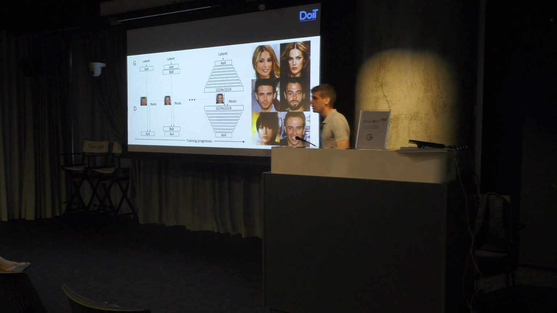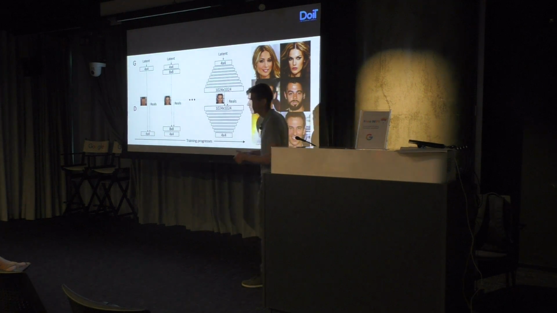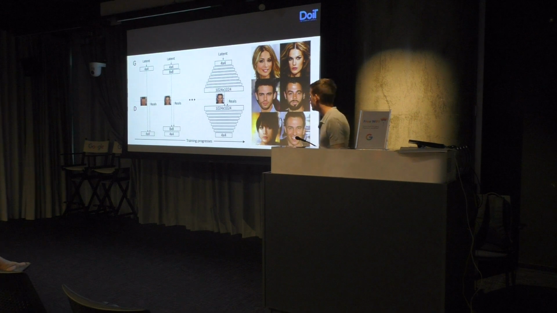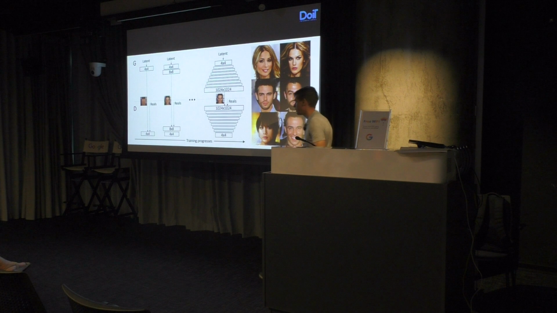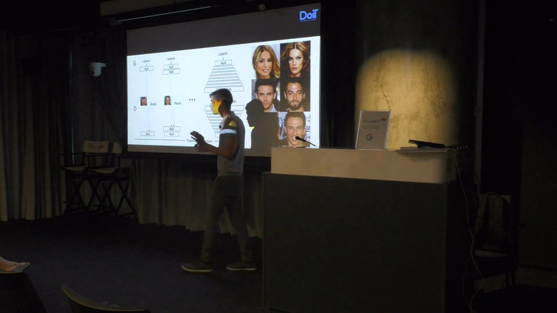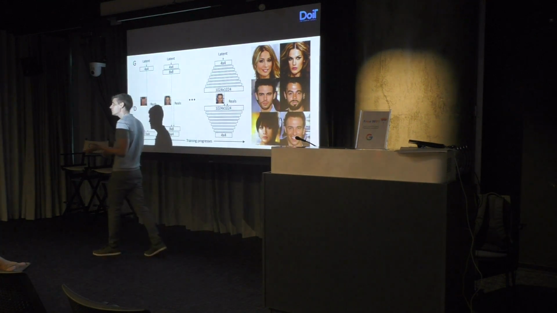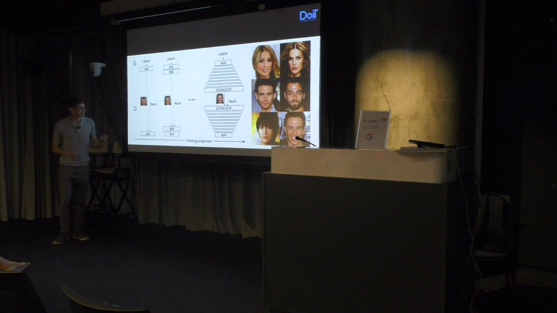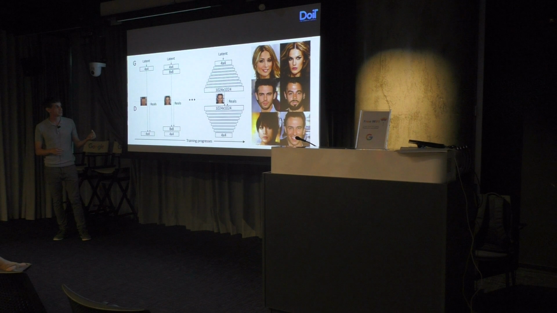They're not just 64 by 64 images or 32 by 32 images of digits. These are really high definition images. So what NVIDIA figured out is that the gradual process, the quasi-static nature of this process, is extremely crucial towards the training.